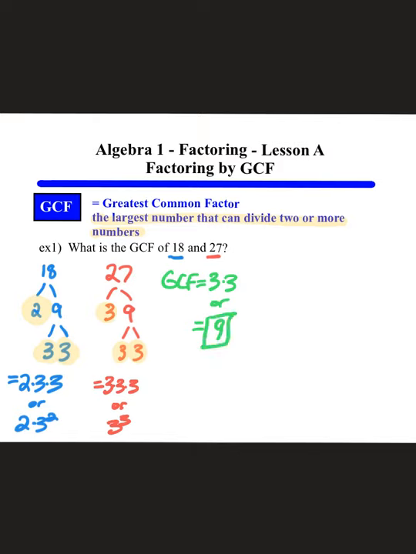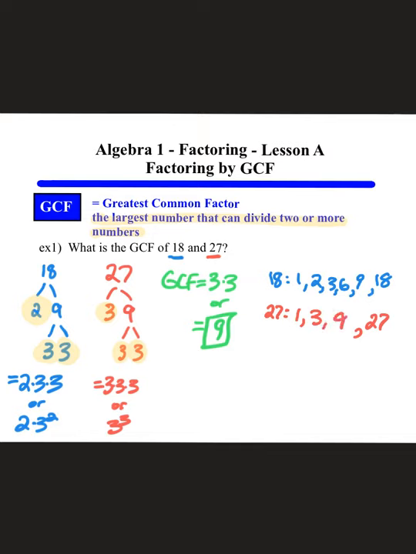You may have learned another way of finding a GCF between two numbers. Perhaps you took each number and listed out the factors. So for 18, we have 1 and 18, 2 and 9, and 3 and 6. We want to do the same thing with 27. So our factors of 27 are 1 and 27, and 3 and 9.